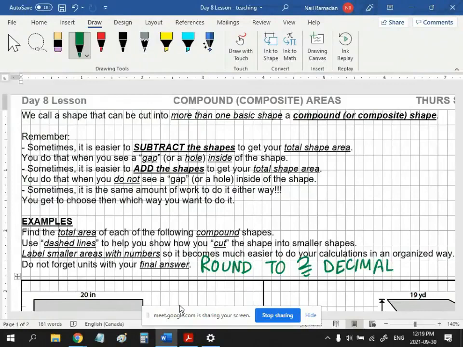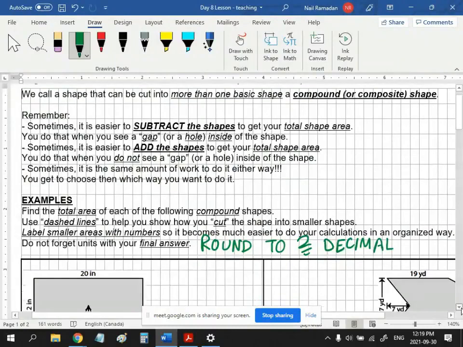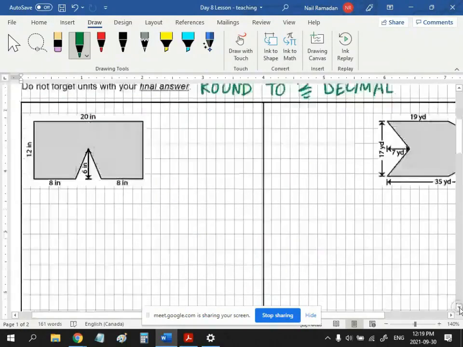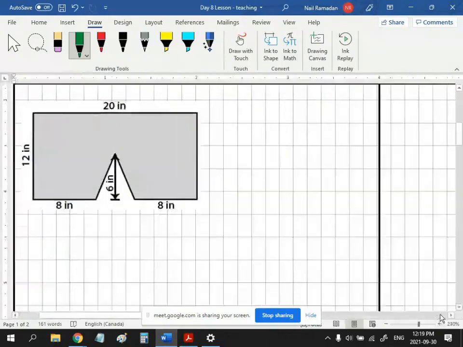Okay, everyone, let's look at the first big shape. Any suggestion? What if someone says, I have a shape like this or a cardboard like this? I want to know how big.